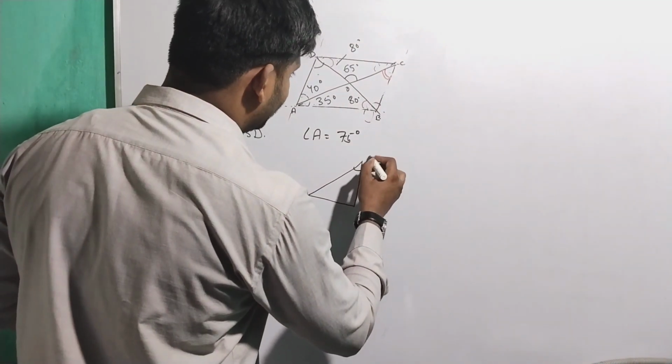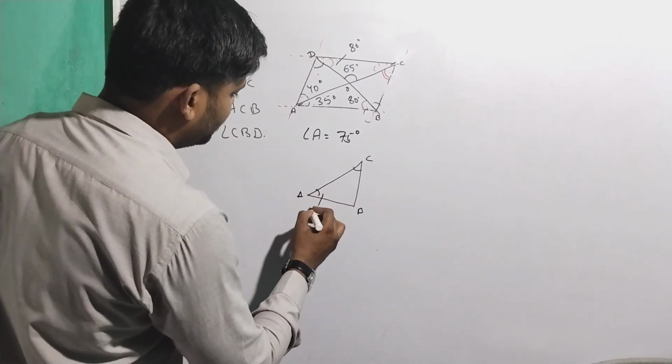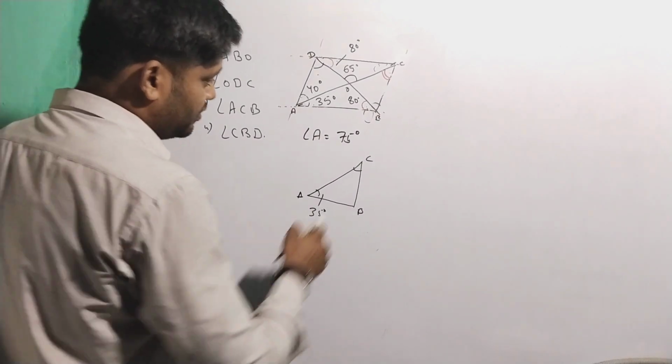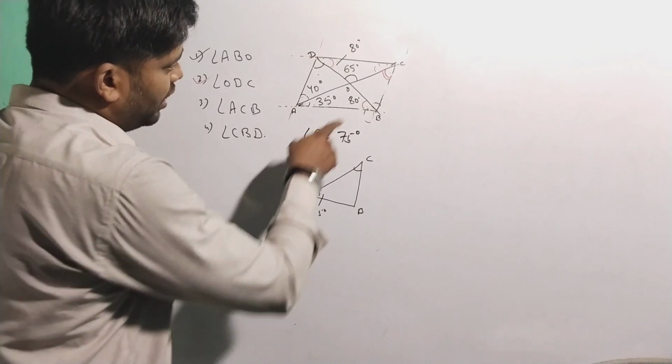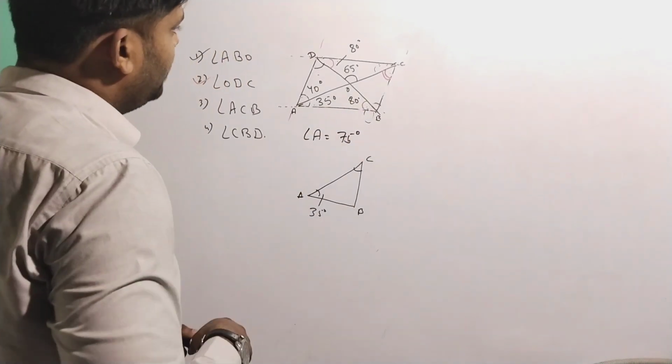So I have to find out this one: C here, A here, B here. Here I have how much? 35 degrees. This is the complete one, only this part is 35, and this one I have to find out. Do I know this value? Yes sir. So 80, but 80 is only a small part of that. The entire value, I have the entire one.